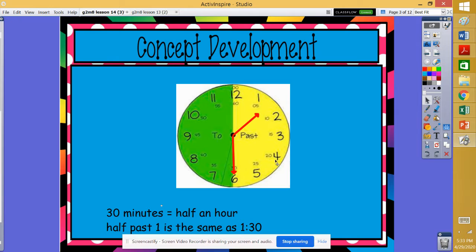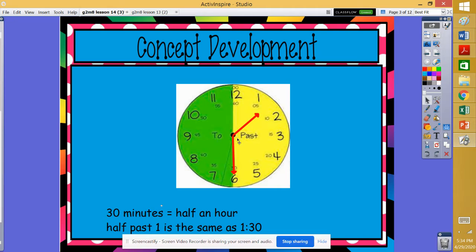All right, so if you look at our screen here, when we get to 6 on our clock, that would be 30 minutes. So 5, 10, 15, 20, 25, 30. Yep, 30 minutes. So if we're telling time, we could say 30 minutes is half an hour.